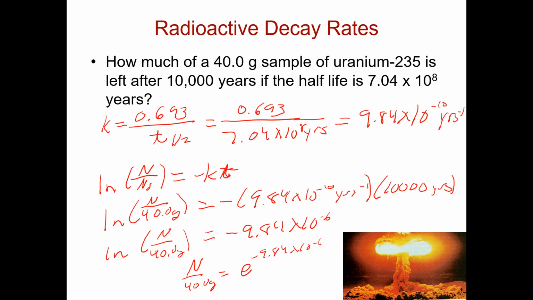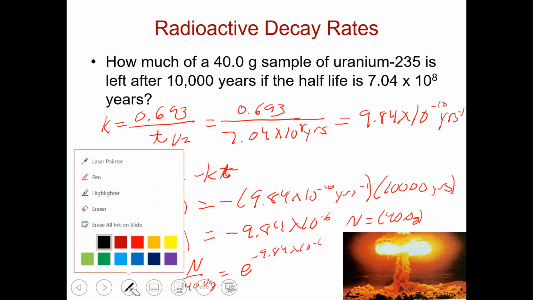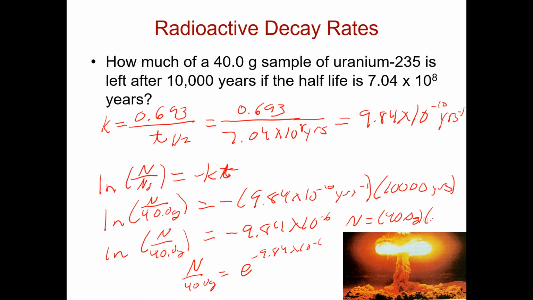And if I do that, and so that I don't have to write all those numbers out, I'm just going to plug it in. e to the negative 9.84 times 10 to the negative 6th. And if you plug that into your calculator, you should get 39.9 grams.